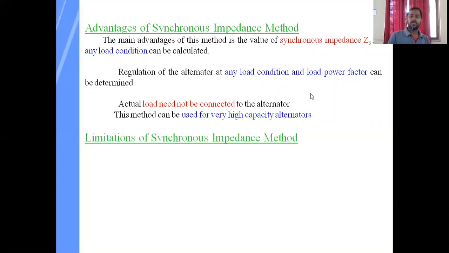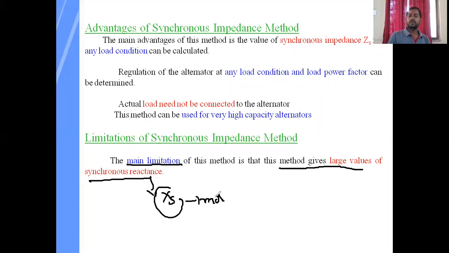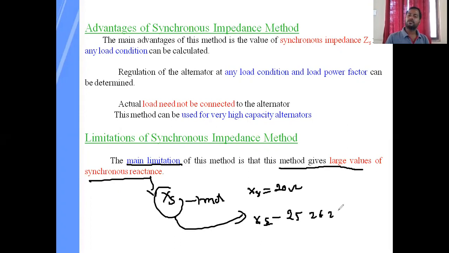So the limitations are, the main limitation is that this method gives large values of synchronous reactance. So XS is more, which means if the alternator actually has XS equal to 20 ohms, in this method XS will be 25, 26, 28, more than 20 ohms.